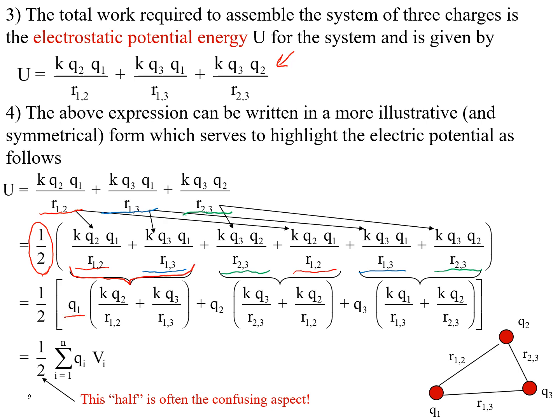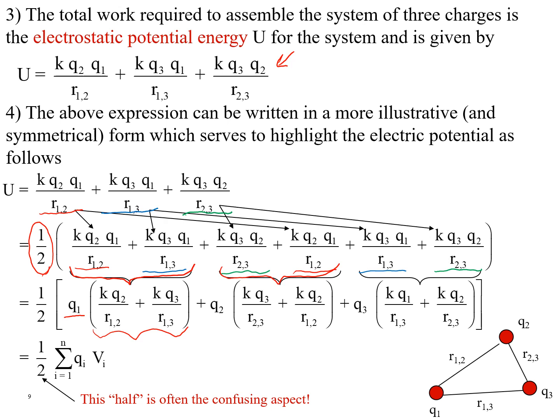Q1. Notice that if we factorize out Q1, then what we have left behind in the bracket is in fact the potential at the location of Q1 from charges Q2 and Q3. Namely, it is equal to KQ2 over R12 plus KQ3 over R13. Let's now focus on the second pair of terms that we have.